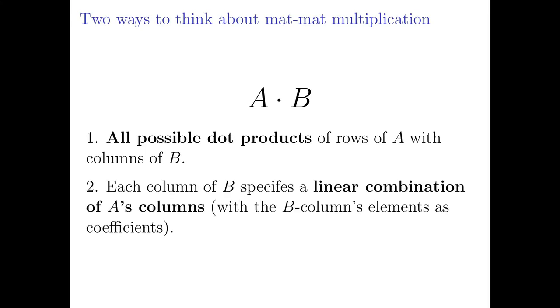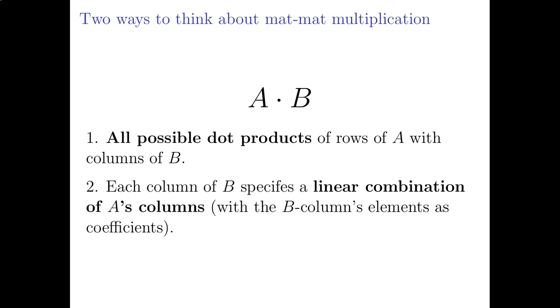And the second way is to think of it as an extension of our matrix vector multiplication way of thinking about it too, which is in terms of linear combinations. So remember that if we had a matrix times a vector, we could think of it as the vector is specifying a linear combination of the columns of the matrix. It's a little hard to get your head around, but try to do so.